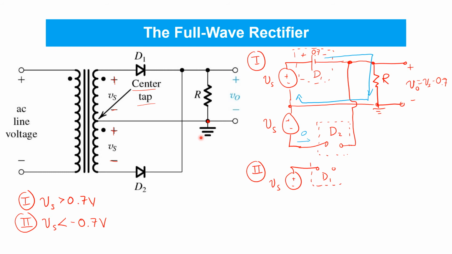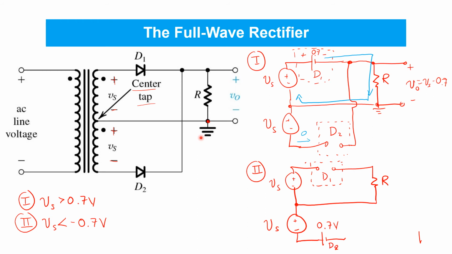And so therefore we can model it with an open circuit and it'll have no current flowing in it. Whereas it's the diode D2 now exposed to a positive voltage because remember Vs is negative. So it will become forward biased and therefore exhibit a 0.7 volt forward drop across it.